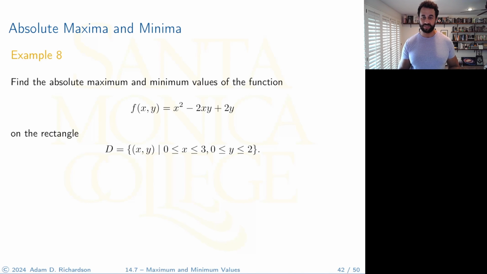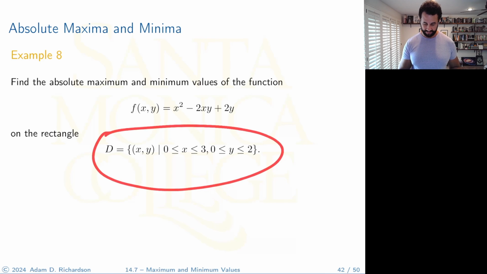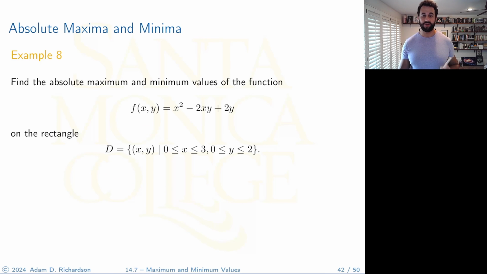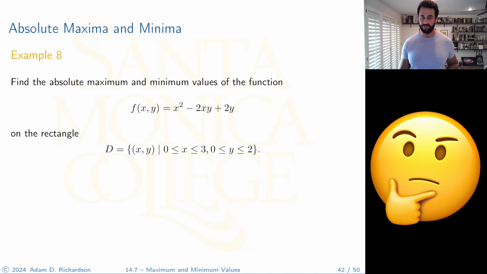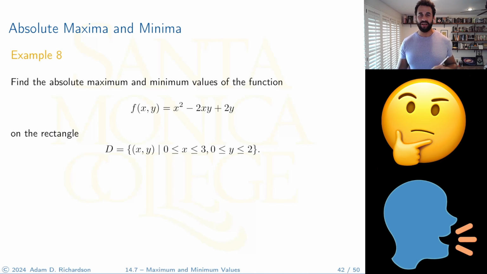Find the absolute maximum and minimum values of the function here on this rectangle in the plane. And for this one, what I want you to do is think about it for a minute. Just think about what it's asking. Then I want you to say out loud what you might start with.